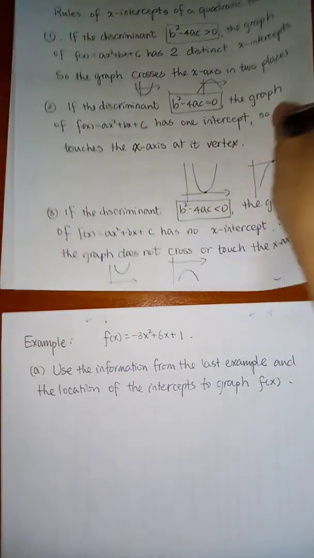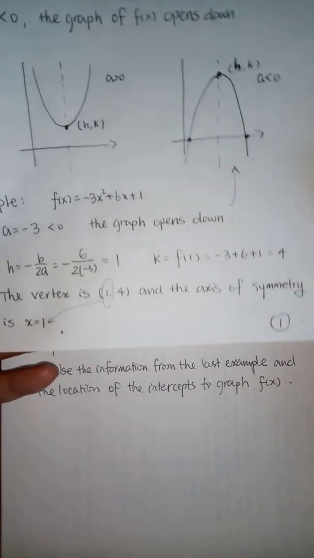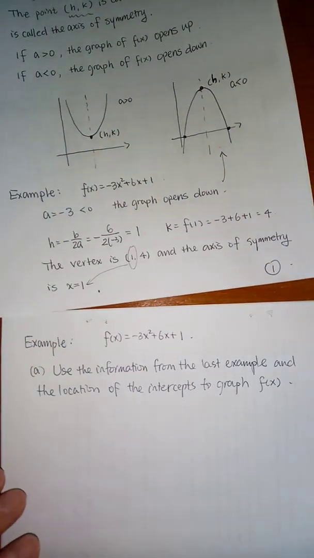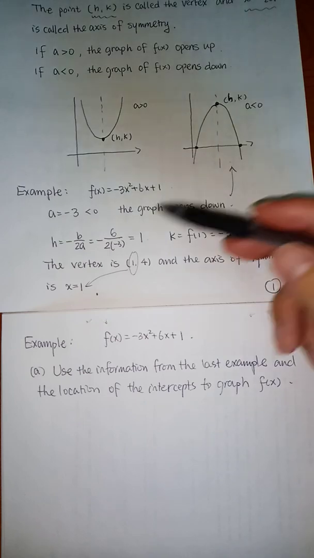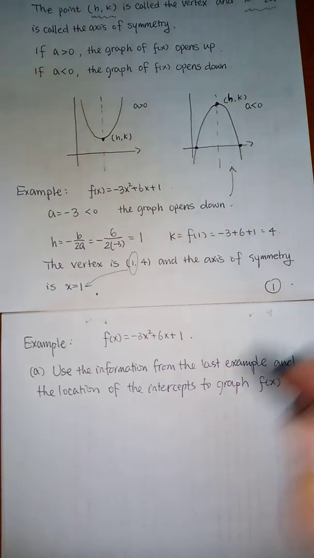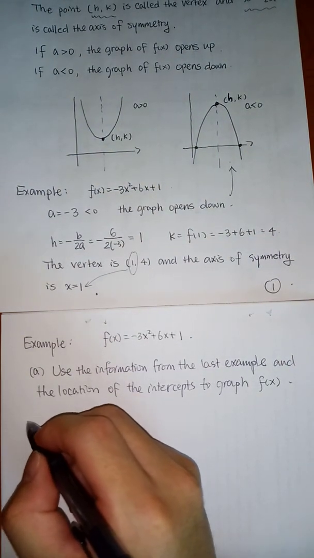So what is the information from the last example? The information from the last example is the vertex, axis of symmetry, and opening. Okay, so let's do it one by one.